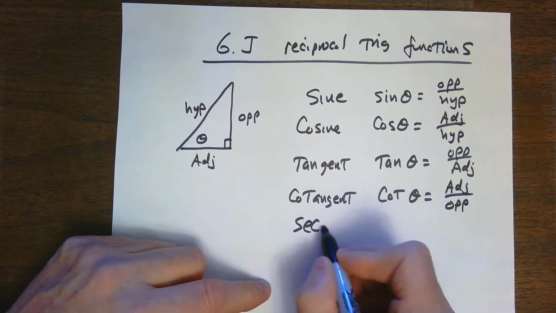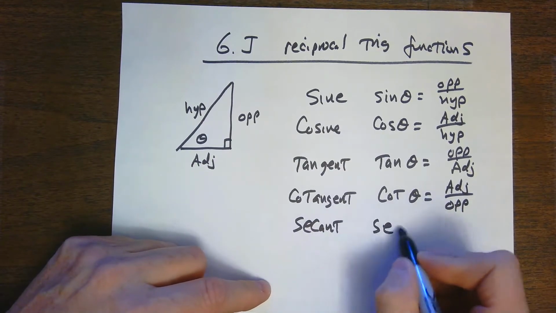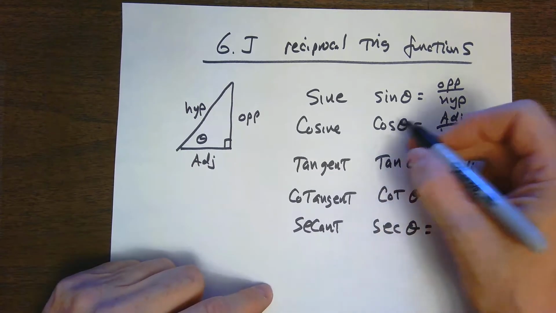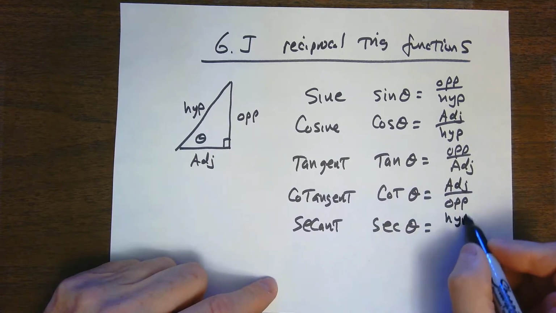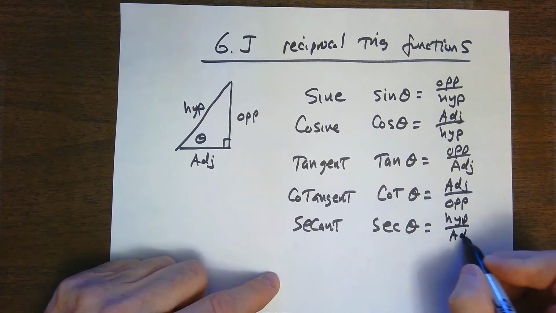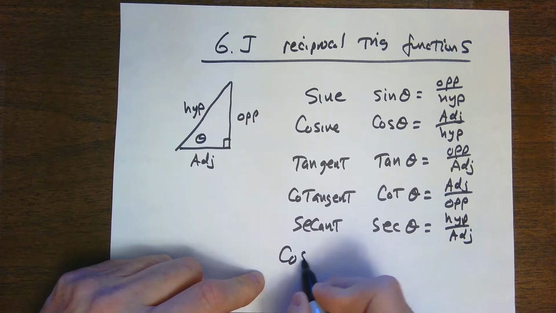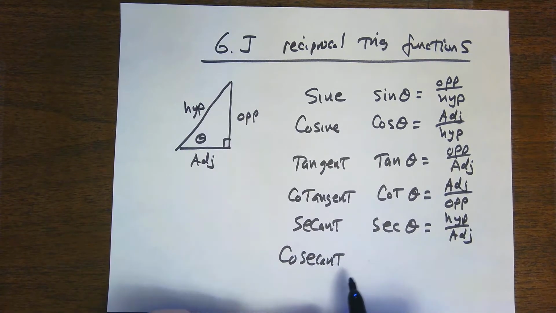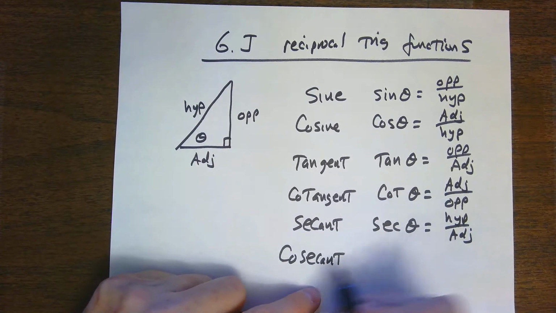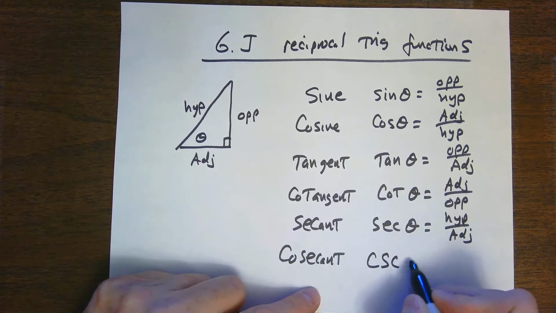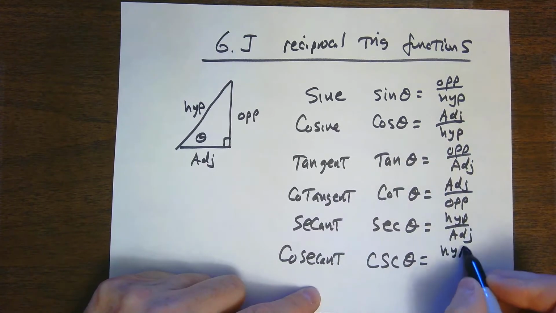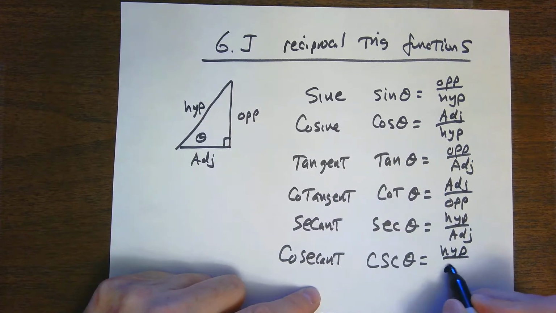We've got the secant, SEC of theta, which is the reciprocal of cosine, so it's the hypotenuse over the adjacent. And then we have the cosecant, CSC of theta, the reciprocal of sine, so hypotenuse over opposite.